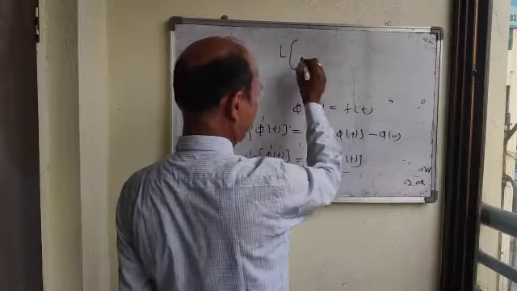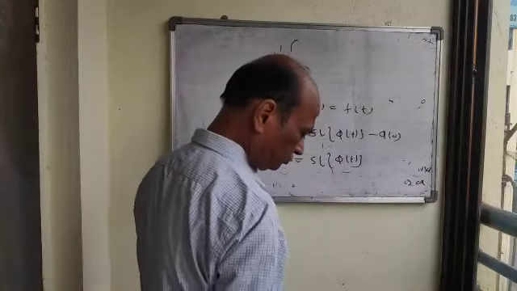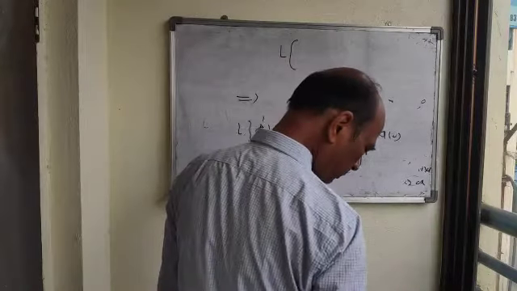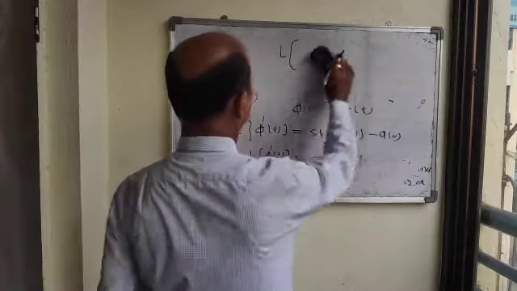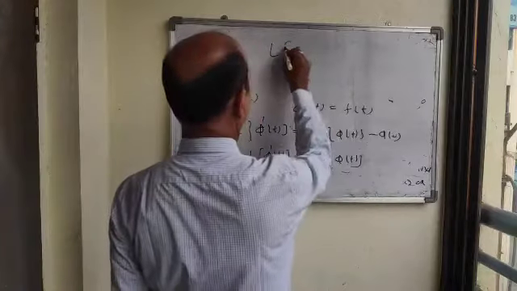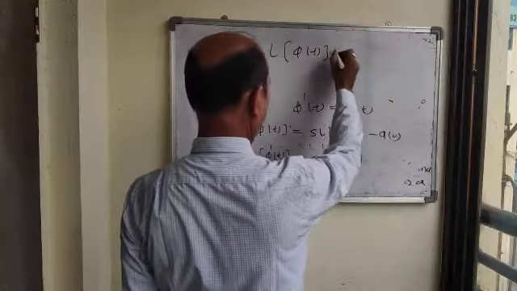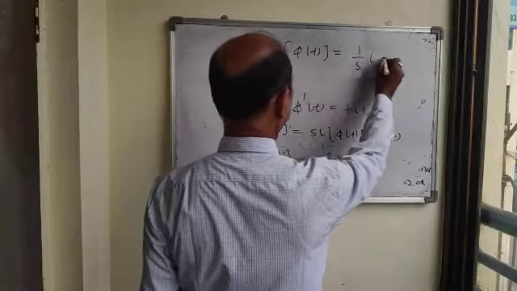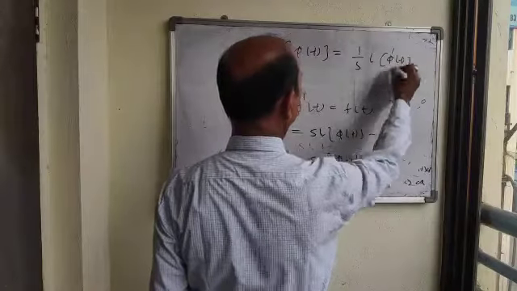From this we can directly find L of phi of t. L of phi of t is equal to 1 upon s L of phi dash of t.